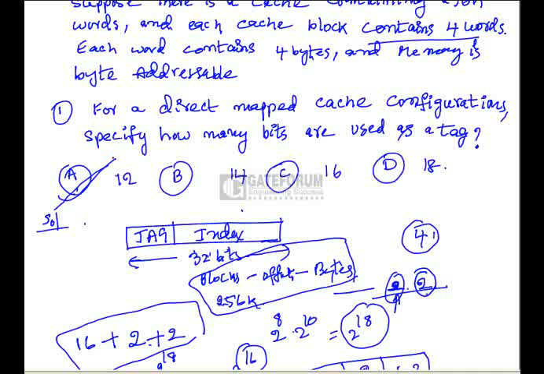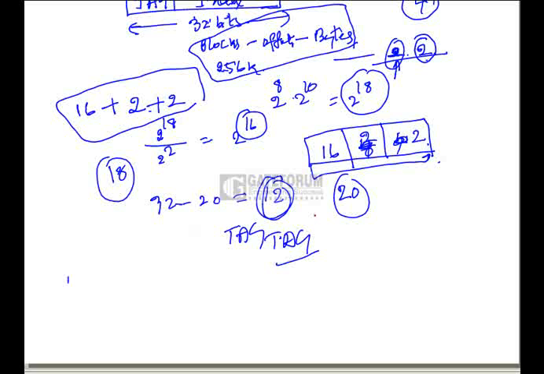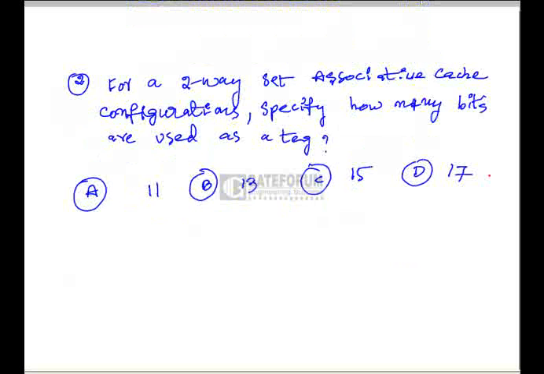And there is one more question on this: for a two-way set associative cache configuration, specify how many bits are used as a tag. This is the second question on the same data. So here it is two-way set associative, so there are 2 blocks per set.